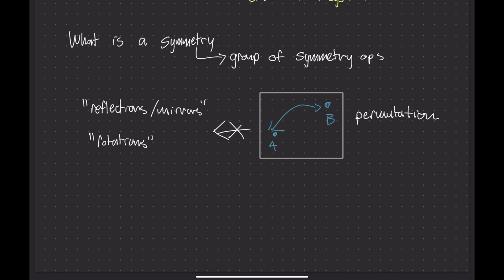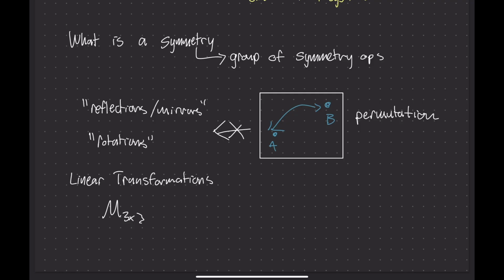But with reflections, mirrors, and rotations, the nice thing about them is they're all linear transformations. So for points in three dimensions, they're represented by matrices that are 3 by 3.